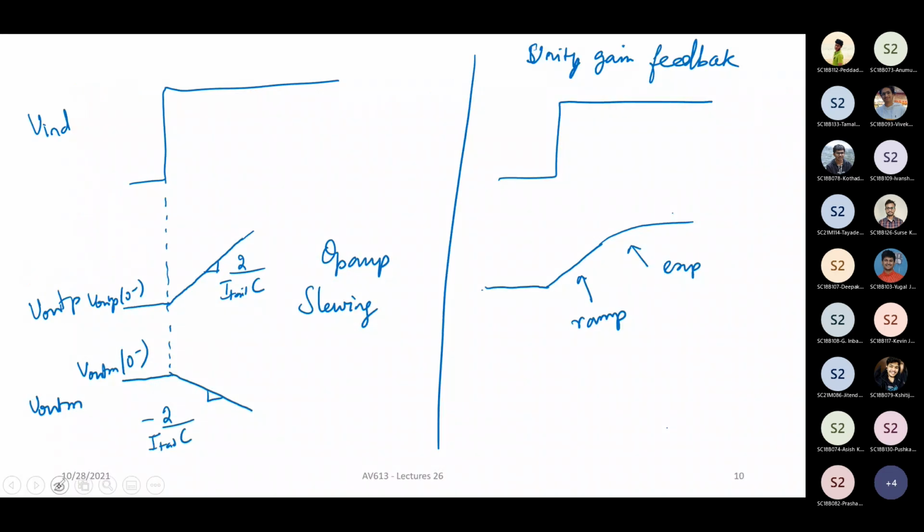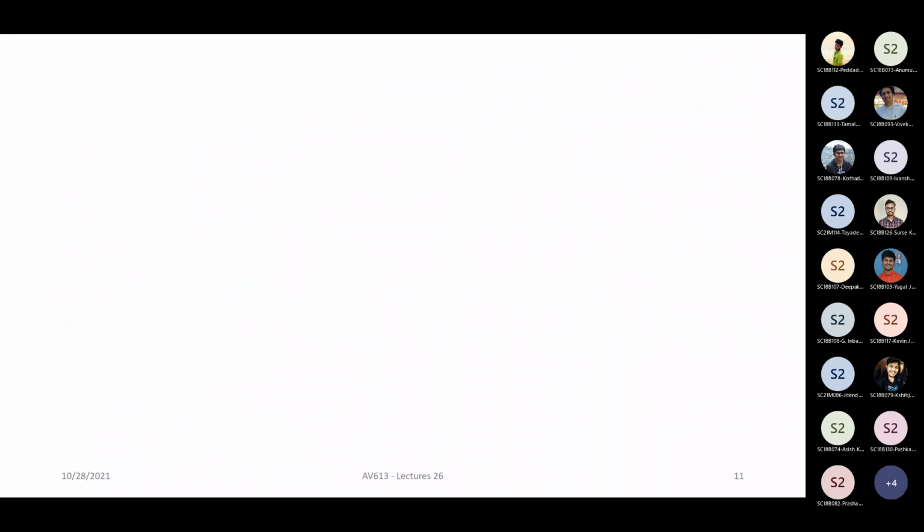If it was fine, it should have had this exponential kind of behavior, but because you are running out of steam, your op amp will slowly ramp up for large input transitions. This is what is called op amp slewing, and the slew rate is basically the slope of the slewing, the rate at which it can go. And what is the slew rate in this case? Can you tell me?